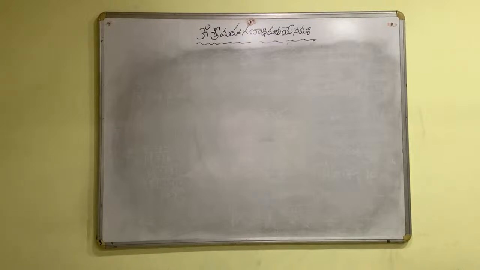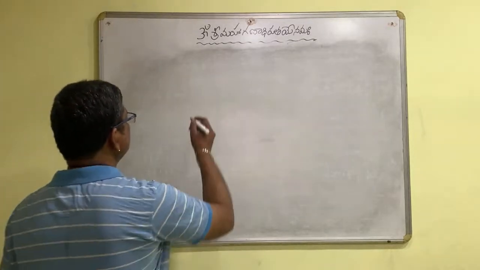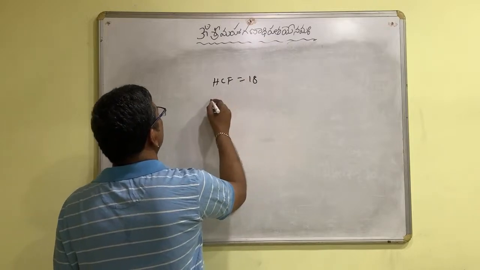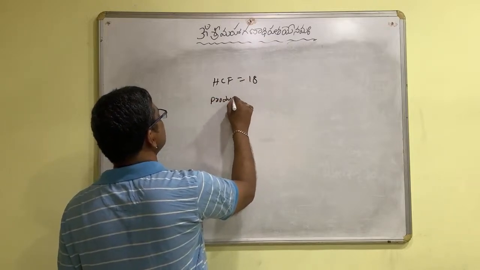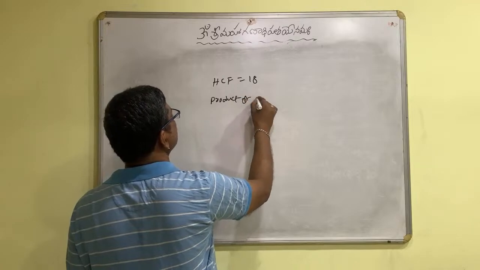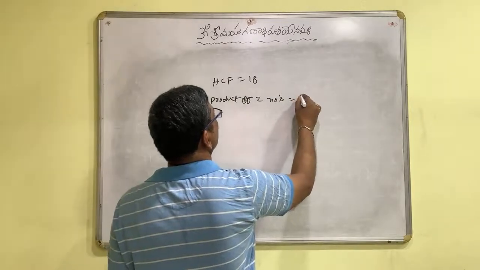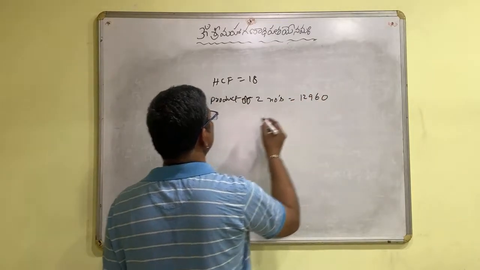The HCF of two numbers is 18 and their product is 12960. Find LCM. HCF is 18, product of two numbers is 12960.